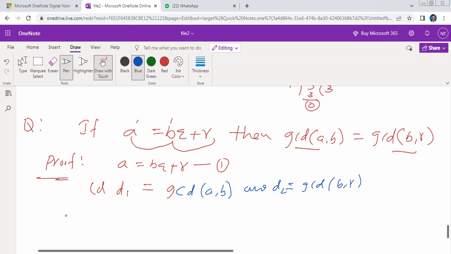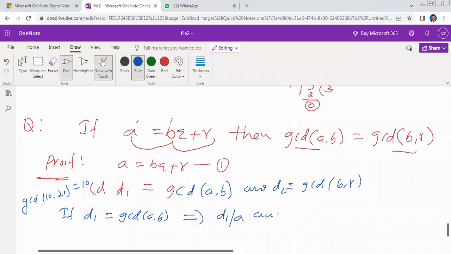If D1 is equal to the GCD of A comma B, what does that mean? Can anybody say?